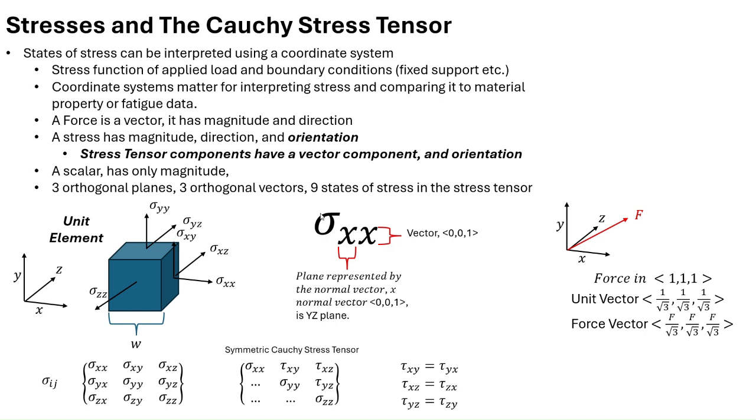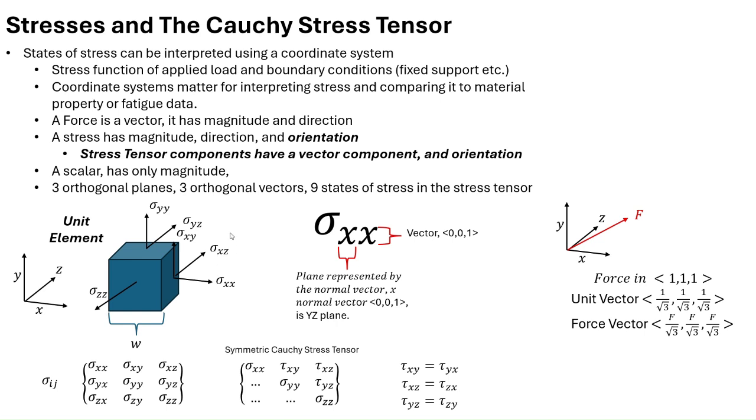So for this state of stress, it would say that there's a force acting in the 001 direction on the plane defined by the normal vector in the x direction. So this would be the stress defined by the force vector in the x direction on the yz plane, and I've shown that here. This is your normal stress, and this is the x normal stress.